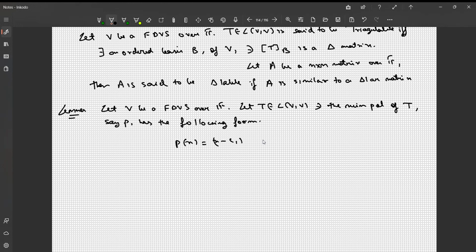Okay, so we are giving a certain form of the minimal polynomial. So what is the form given? P(x) = (x - c1)^r1 (x - c2)^r2 and so on till (x - ck)^rk, where each ci is a scalar. Okay.